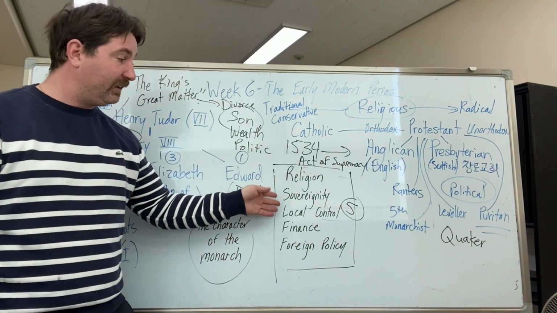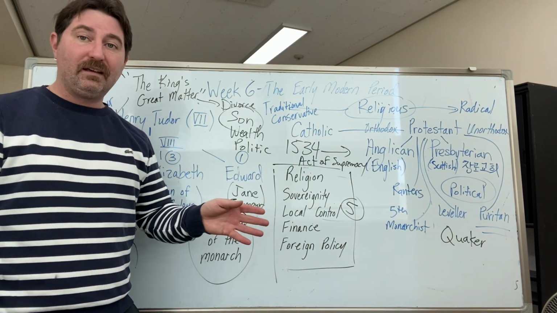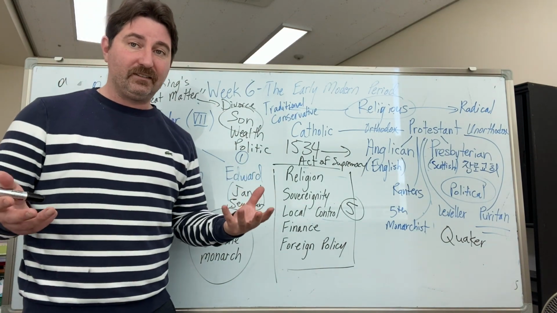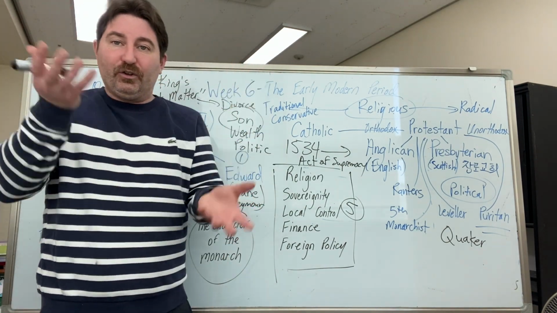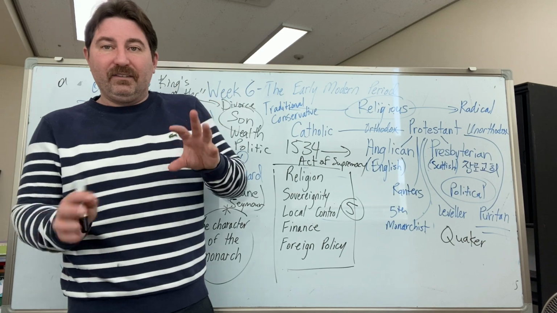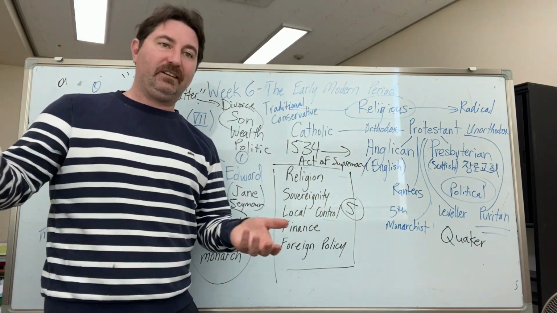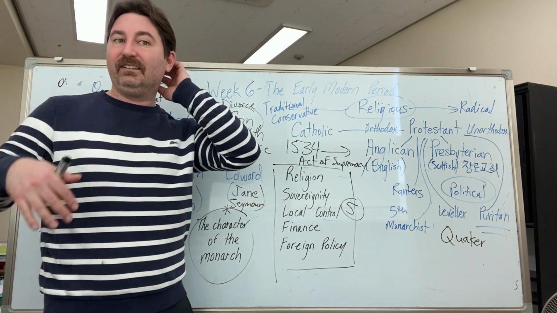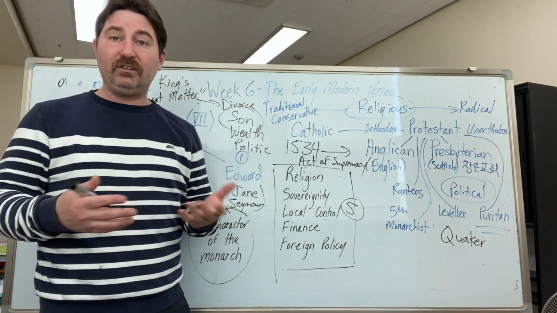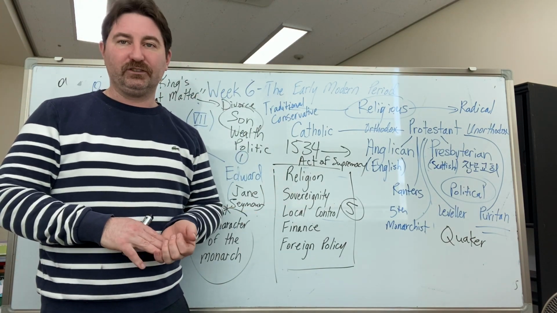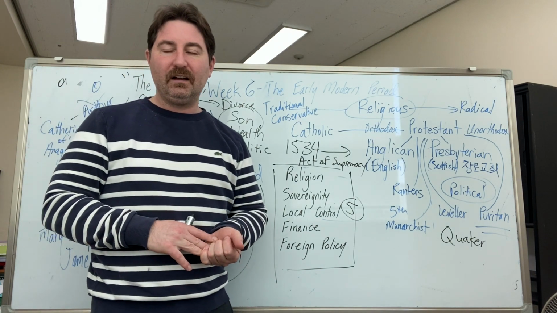Queen Elizabeth manages all these problems somehow because she's a genius, essentially, and she juggles all of these problems and balances and manipulates them and puts people against each other and cheats and lies and explains things and avoids things. She's just a political genius. There's no other way of putting it.